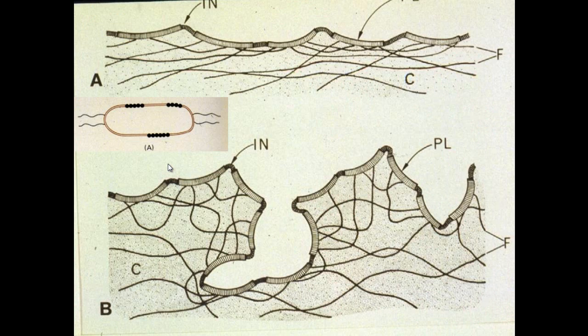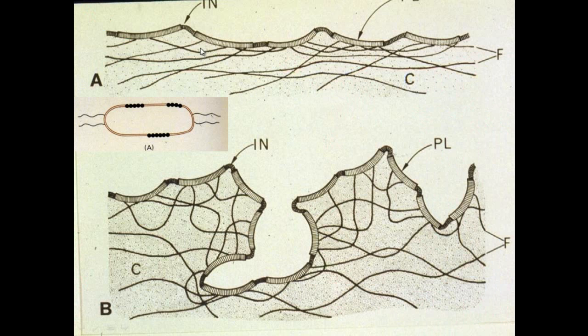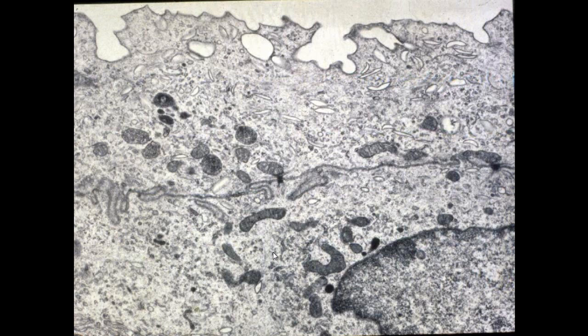Now what happens is that the transitional epithelium that we see here has to transform itself depending on whether the urinary bladder is full or empty. If the bladder is full, then the cells are stretched out. But if the bladder is empty, then they fold back on themselves. There's a rigid part. Proteins get together and they make the membrane rigid, like we see here. And that makes, when it folds up, little flattened vesicles. You can see these flattened vesicles here.